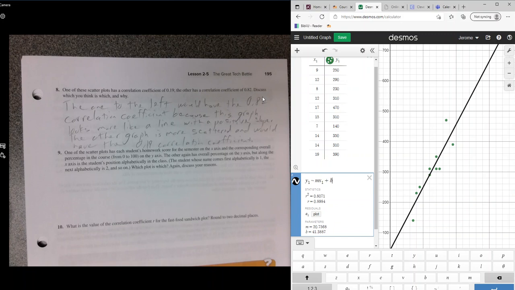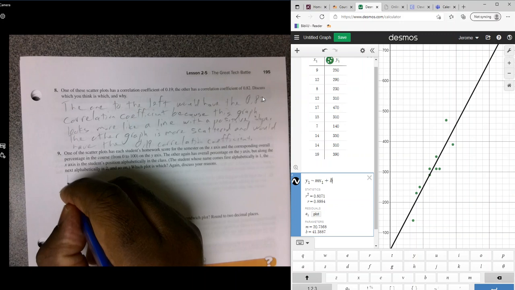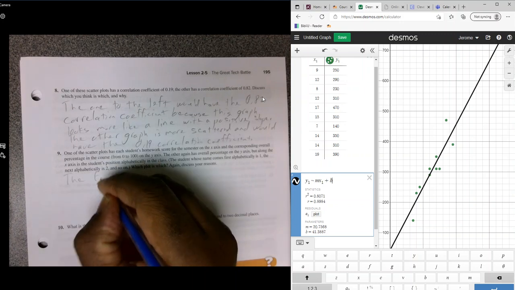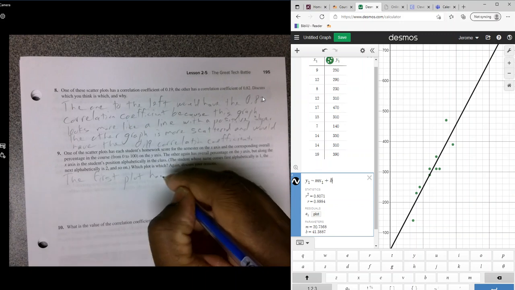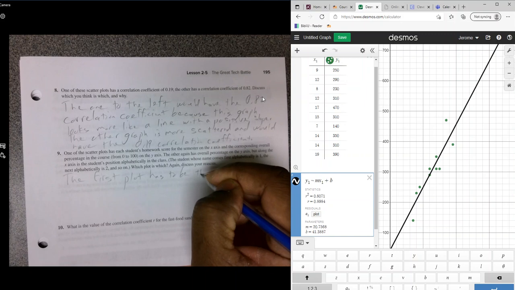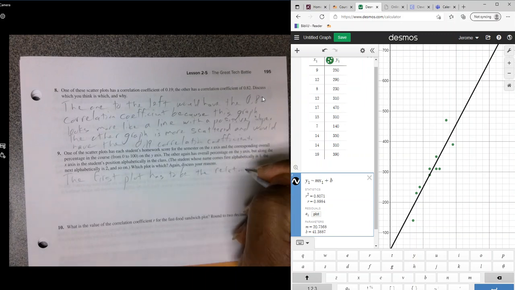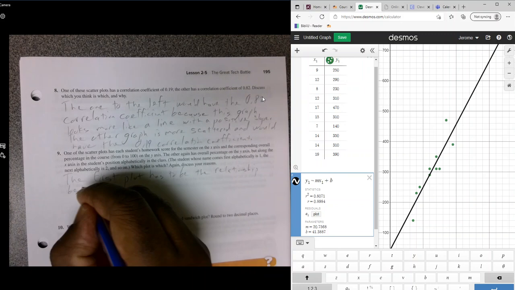Again, discuss your reason. All right. We have to say that the first plot has to be the relationship between homework and overall percentage.